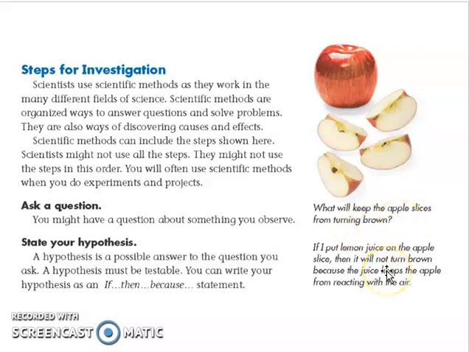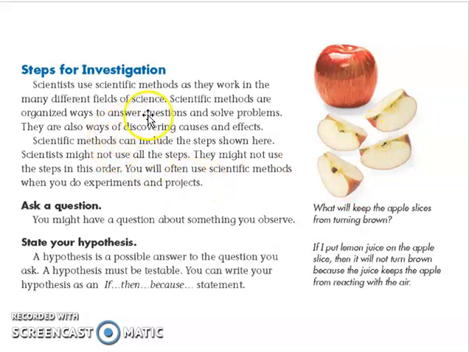One solution is this: if you put lemon juice on the apple slice, then it will not turn brown, because the lemon juice keeps the apple from reacting with the air. Actually, girls, in science, when an apple is turning brown, oxidation is happening. Oxidation is a chemical reaction of air with a fruit.